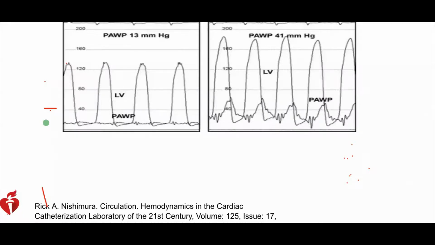This is a diastolic stress test. You can do it by echo, which is the trend, and is the actual standard, echo-based. But this is done by cath. And you see the change in the wedge from 13 to 41, indicating an occult severe LV diastolic dysfunction.